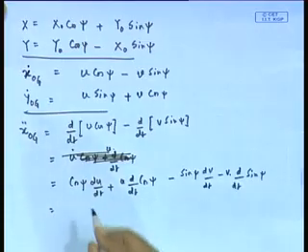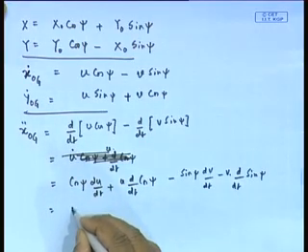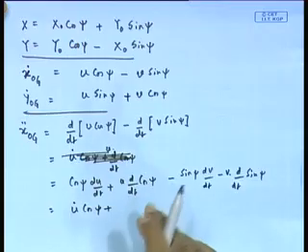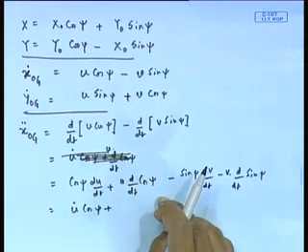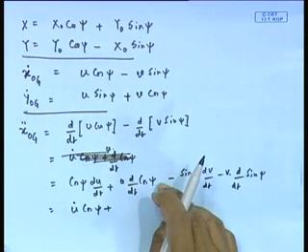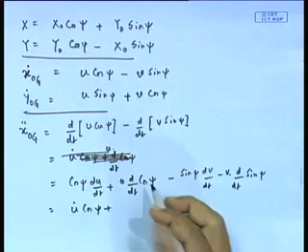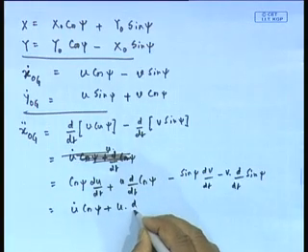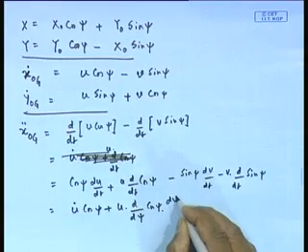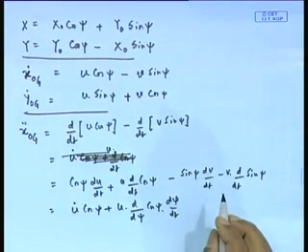Now this is u dot cos psi. The term d by dt of cos psi is d by d psi of cos psi into d psi by dt. So this is u d by d psi of cos psi into d psi by dt.